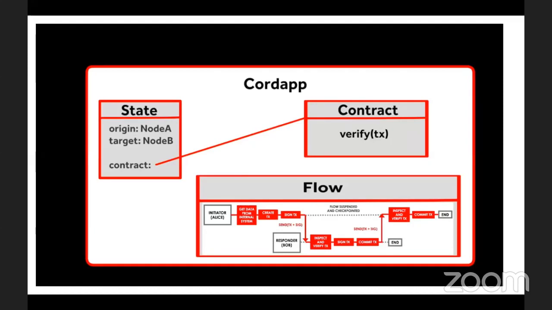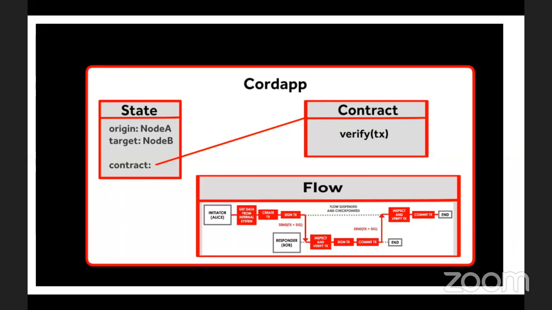The flow will mention everything about how it is initiated, how does it get the data from internal systems, how does it get the data from external oracles, how do you create transaction, how do you sign transactions. So initiator and the responder, these are two important objects in a flow, right? So when you look at the flow internals, you know about initiator and the responder, right?